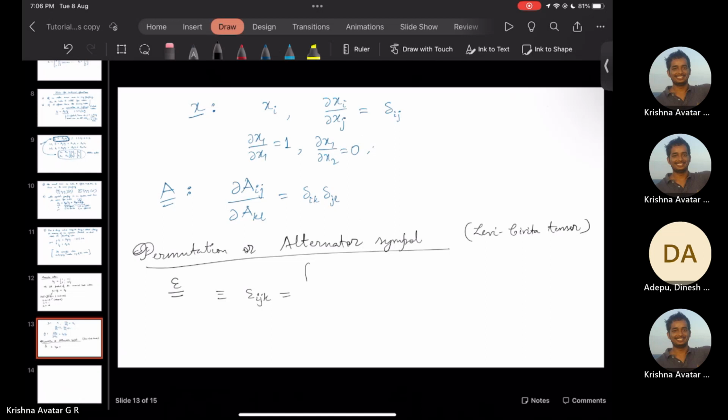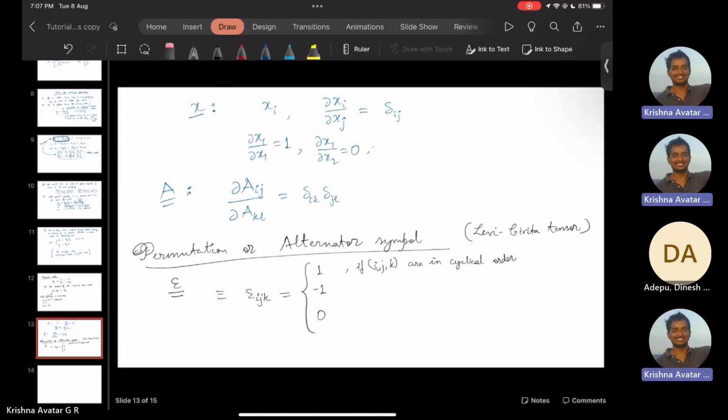Or for that matter, any representation. So this can take 3 values: +1, -1, and 0. Now it takes a value of 1 if i, j, k are in cyclical order.